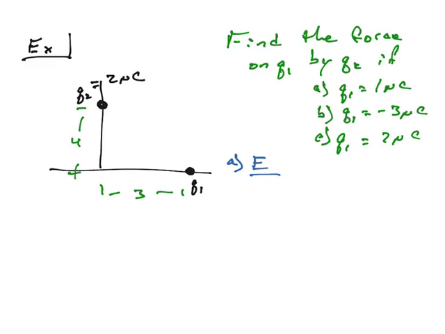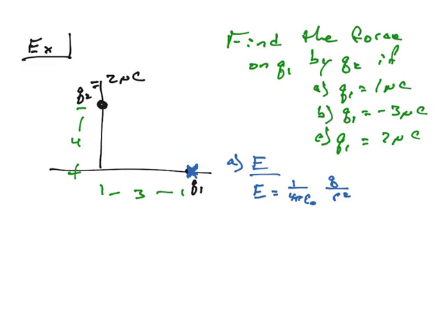All right, well, what's the electric field going to be? If we remember, it's 1 over 4 pi epsilon naught times Q over R squared. So I'm looking here. This is the point where I'm going to put my Q1.